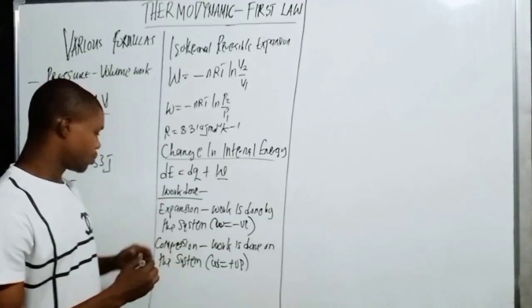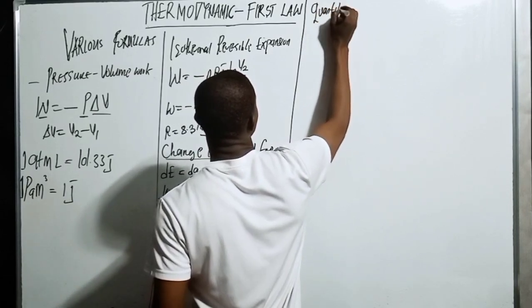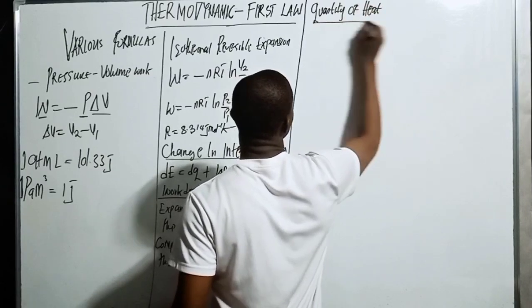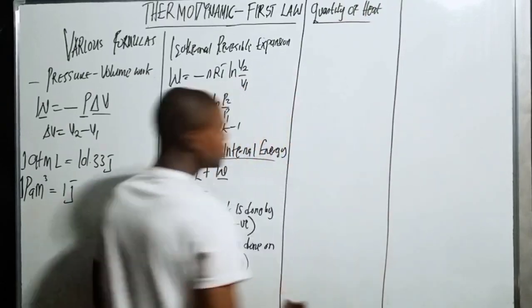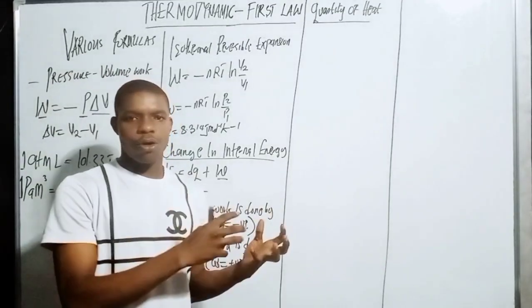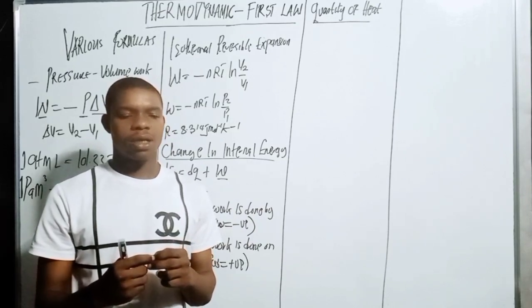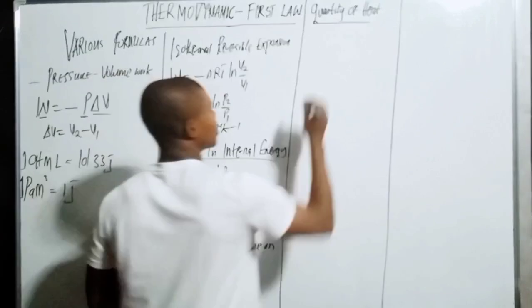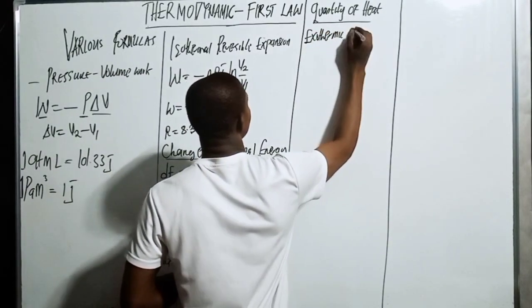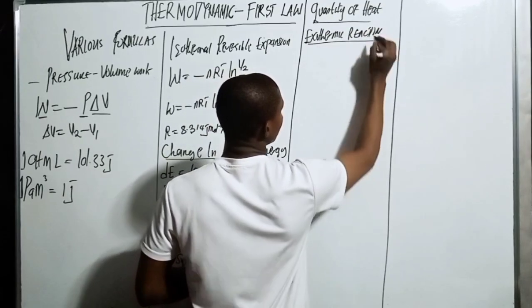Now learn about Q, the quantity of heat. Heat can either be absorbed or given out. So it can be an exothermic reaction.